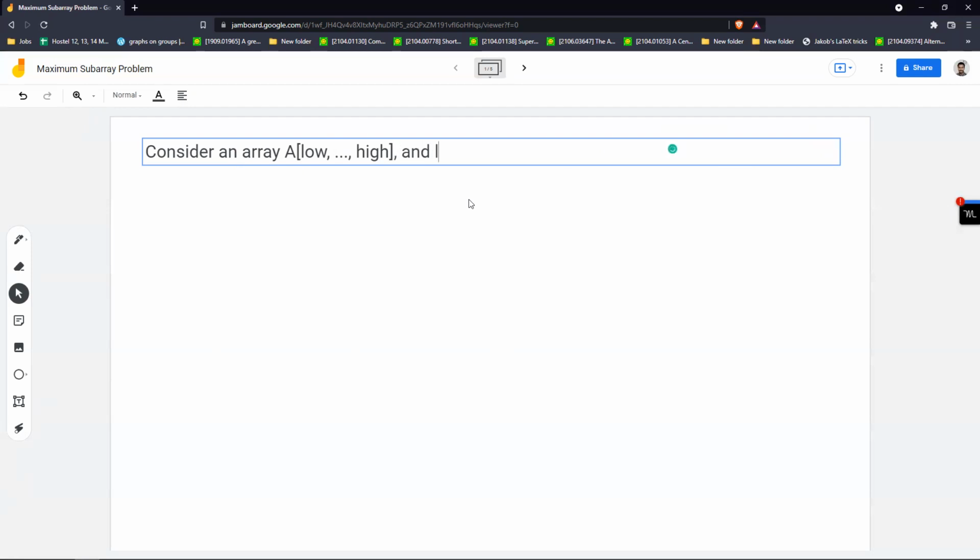Low plus high, and let mid be the middle of low and high. So how do you say it? The middle of low and high: you take low plus high divided by 2.